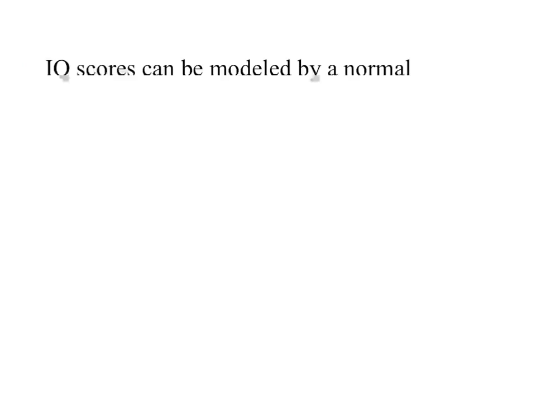So in this case, we have IQ scores. They can be modeled by a normal distribution with a mean of 100 and a standard deviation of 15. And then what we want to know is an individual whose IQ score is 120 is 1.33 standard deviations above the mean. We want to know maybe how we got that. Okay, so they tell us, but we want to actually support it with a calculation.